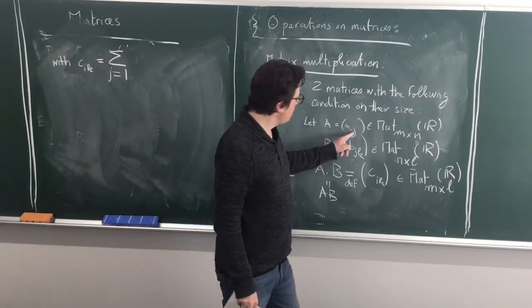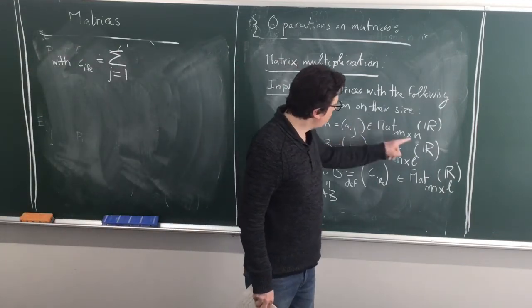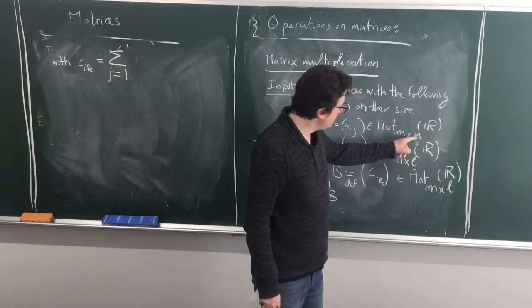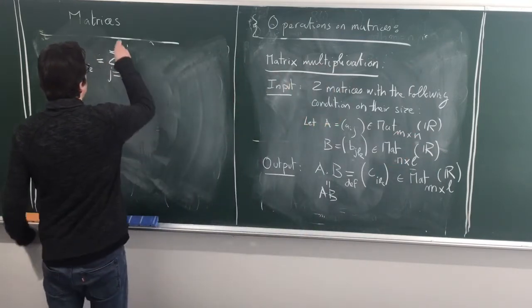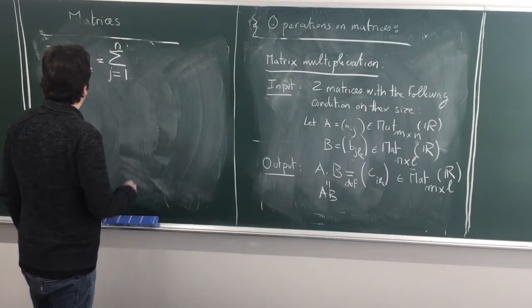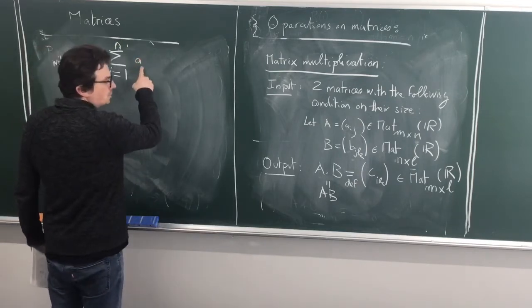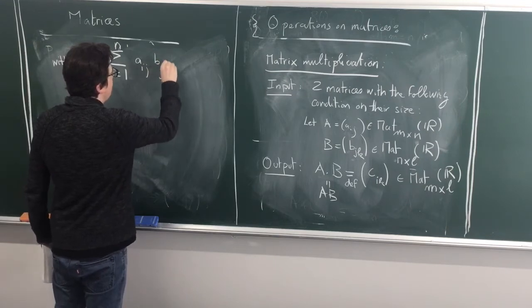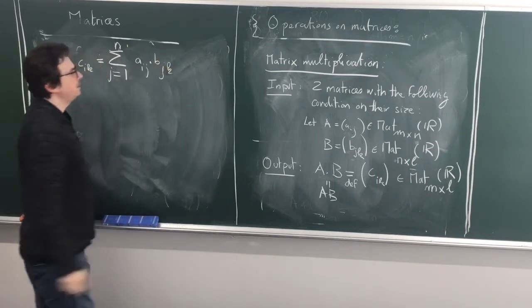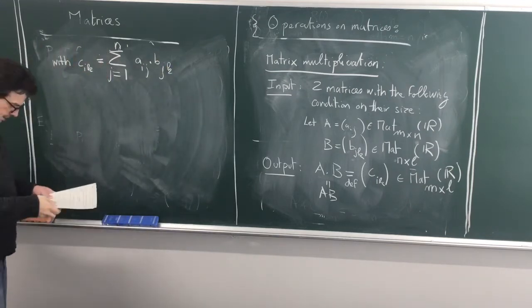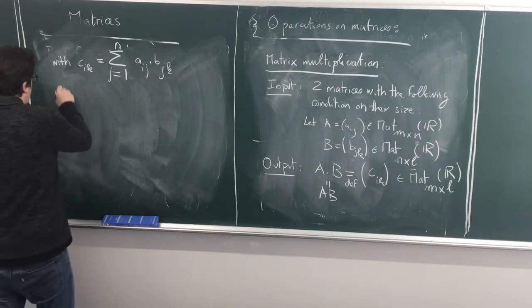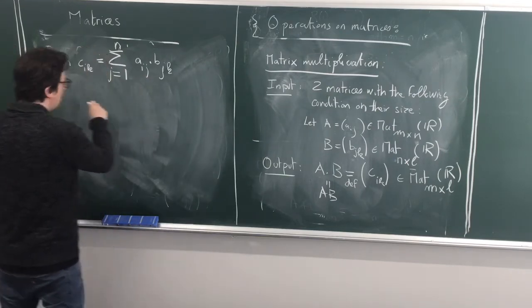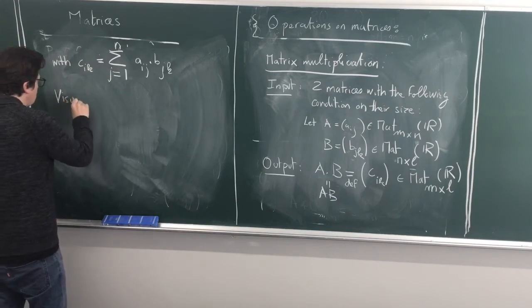Well, J is the index chosen for the number of columns of the first matrix, so it goes maximum to the number N. And then I will just pick AIJ times BJK. Here, it's a multiplication. That's right. So this is a formula, but you can also compute this visually.